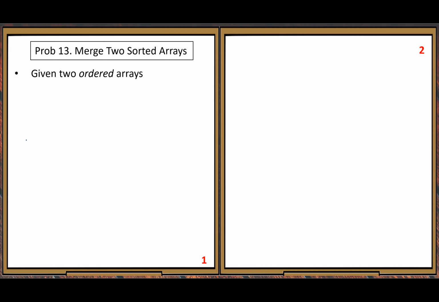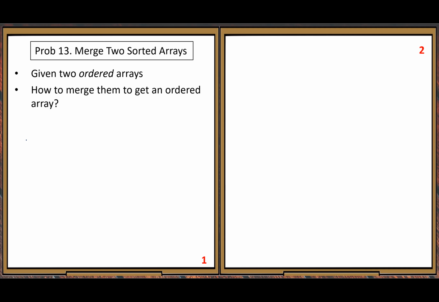Given two ordered arrays, how to merge them to get an ordered array. We merge two ordered arrays and want to get a larger ordered array. The whole array must be ordered. The question is, we want to find the best solution.